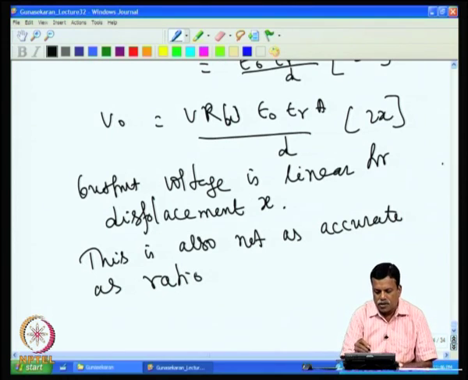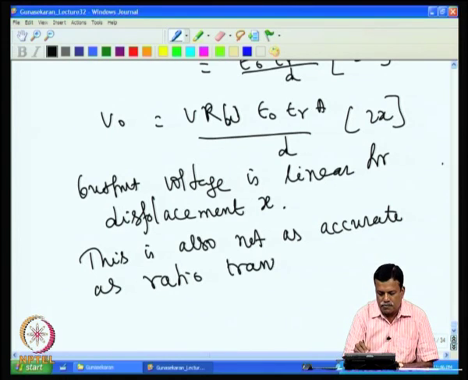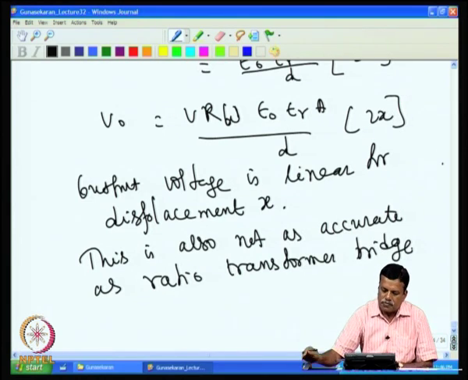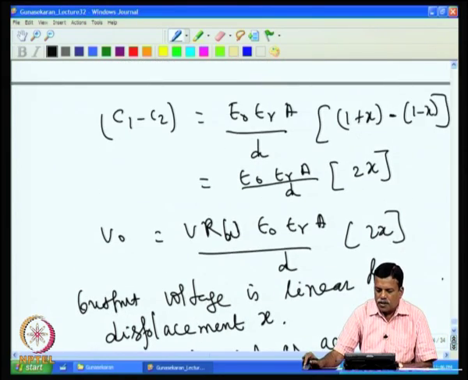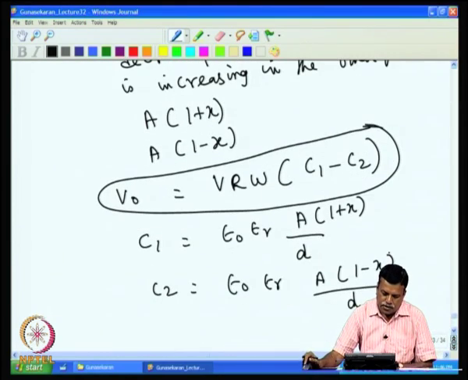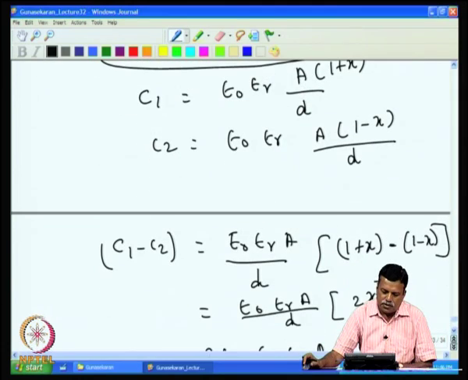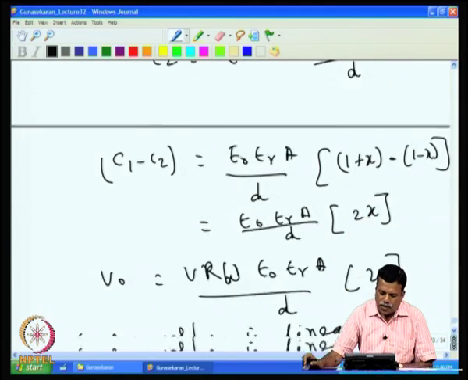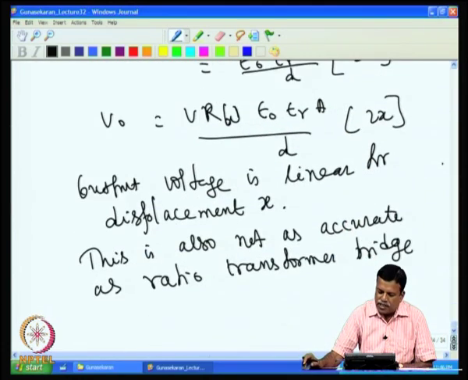Linearity is there, but other variations are there.